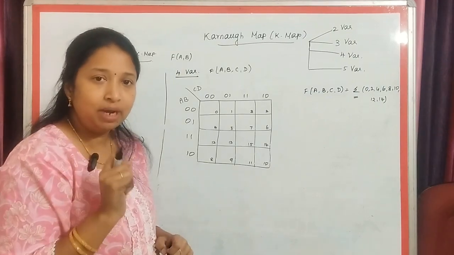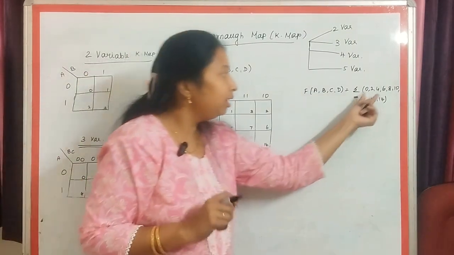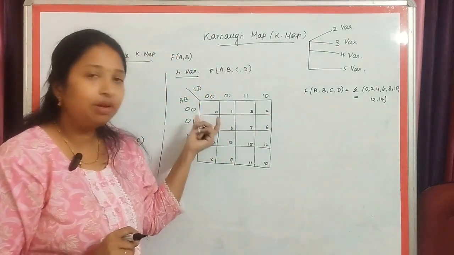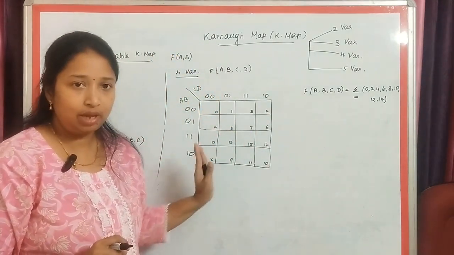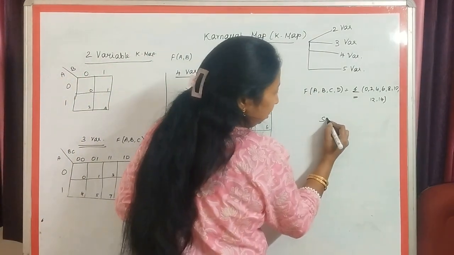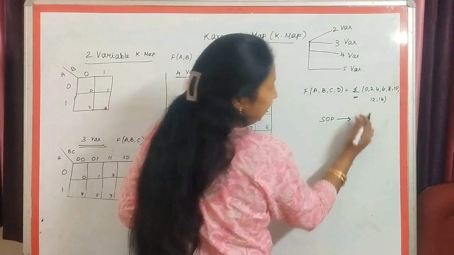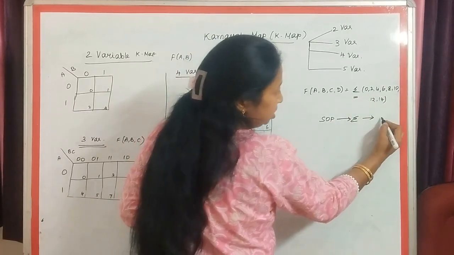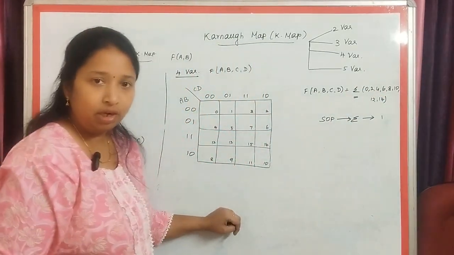If you have got a sigma, it means all the numbers that you have here have to be represented with a number 1 inside your K-map. Sigma meaning SOP. If it is sigma, all the numbers that are given to you in your question, you have to mention them with 1.